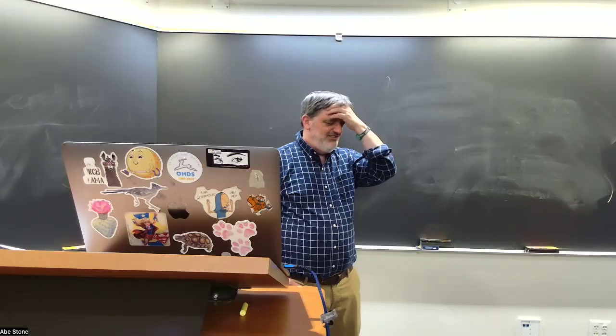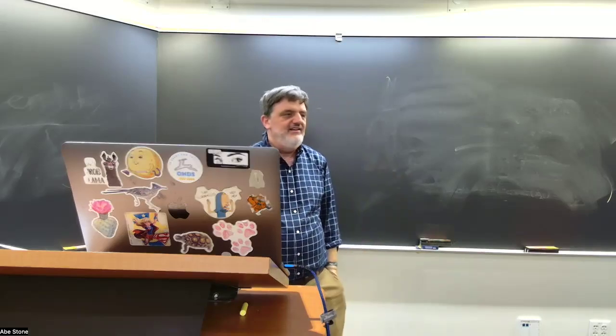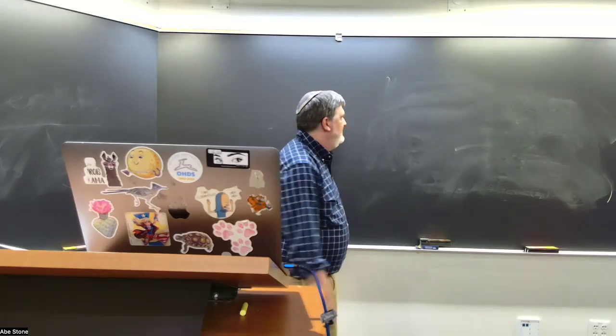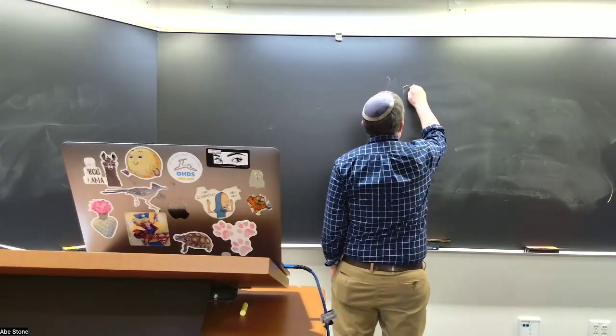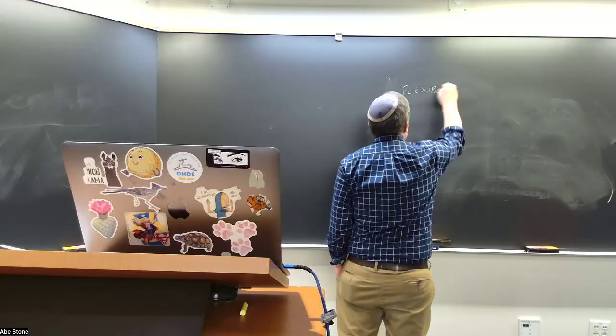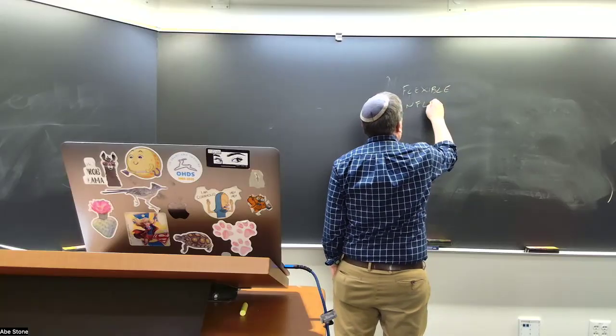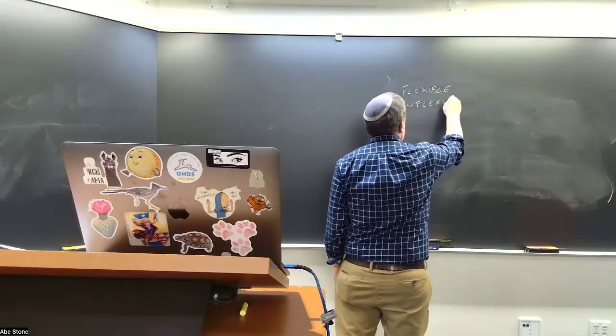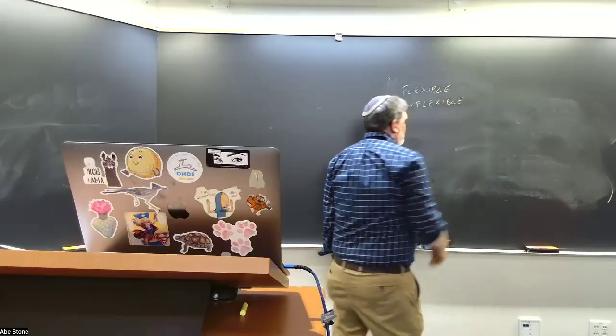And what he wants to do, in some sense, is relatively simple, but I find that it's very confusing to explain, partly because, so these are the unacceptable terms. Inflexible, flexible, and inflexible.